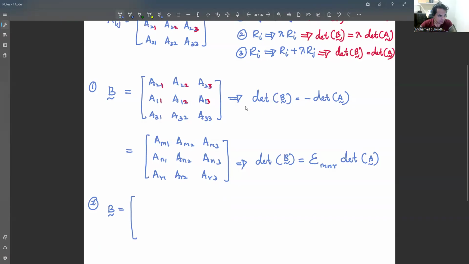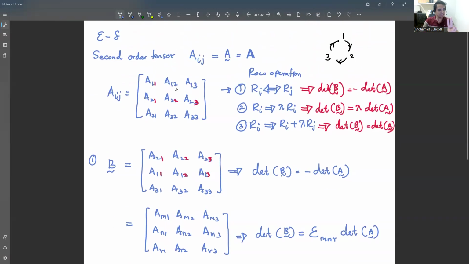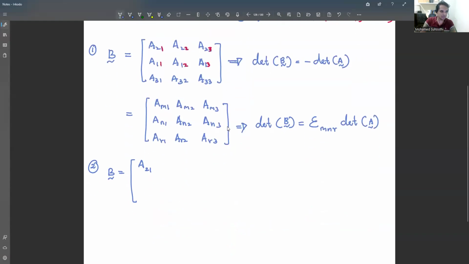Okay, so now what I'm going to do, I'm going to shift this one. Instead of 1, 2, I'm shifting the column now. That means from A matrix, I'm switching first two columns, right? Now instead of 2, 1, this will be 1, 2. This is 2, 2.